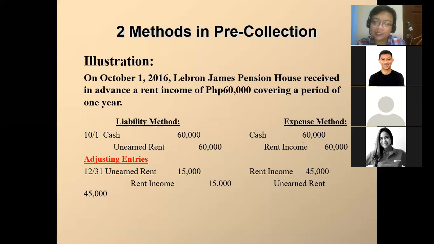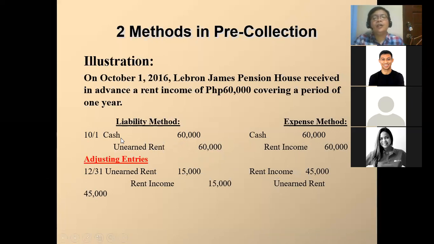Si LeBron James naka-receive ng 60,000 cash on October 1. On his part, it is an unearned rent or unearned revenue. Why? Kasi hindi pa nagagamit ng kanyang lessee ang pension house. So, the liability is the unearned rent and of course, you receive cash worth 60,000.